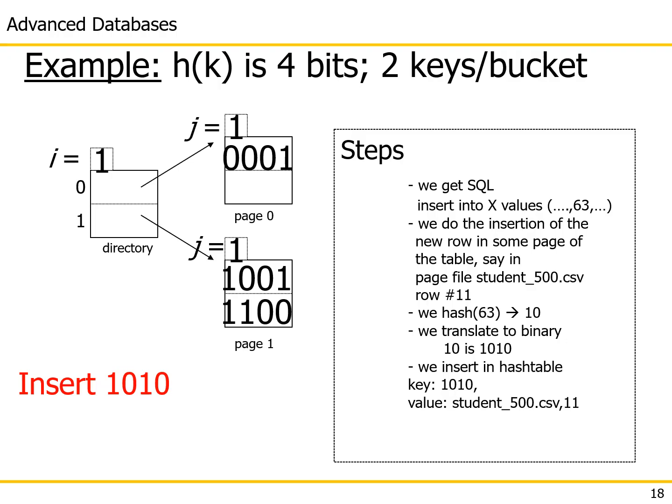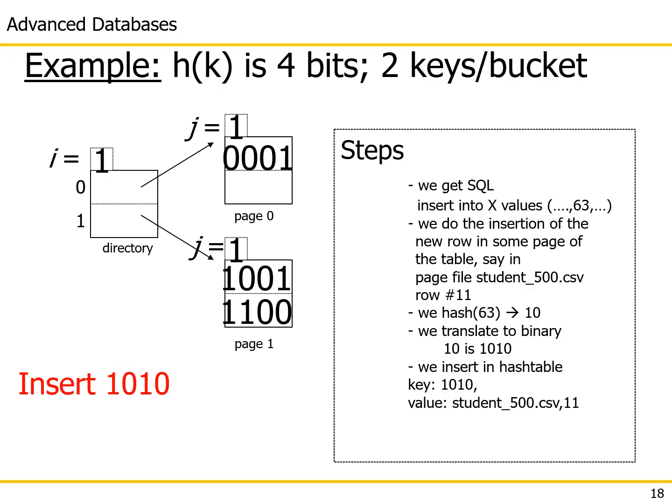We have this extensible hash table built on a column in that table. Say I'm building this extensible hash table on the column H. So when I get a new row inserted, I'm interested in the value of H in the insert statement. So let's say the value is 63.